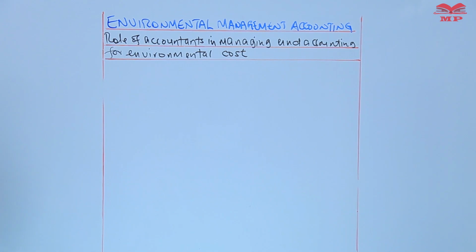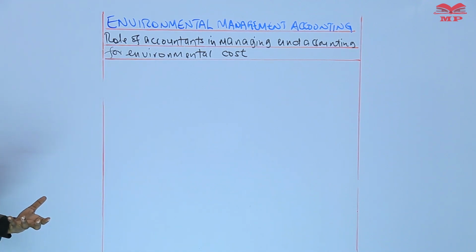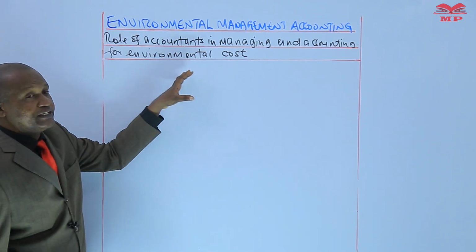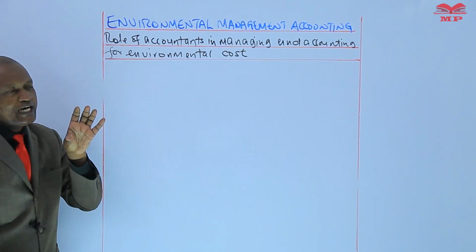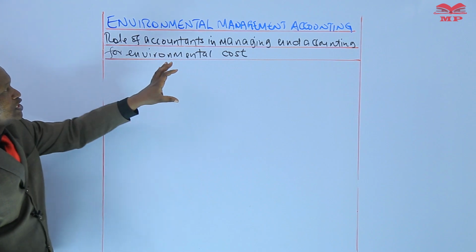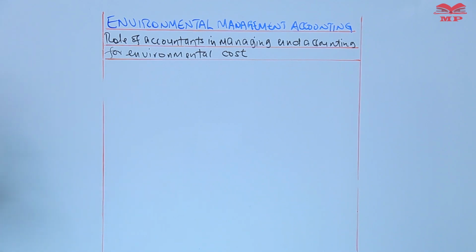Firstly, candidates, environmental costs are the financial implications of an organization's activities on the environment. That's the meaning of environmental costs. And these costs can be categorized as follows.